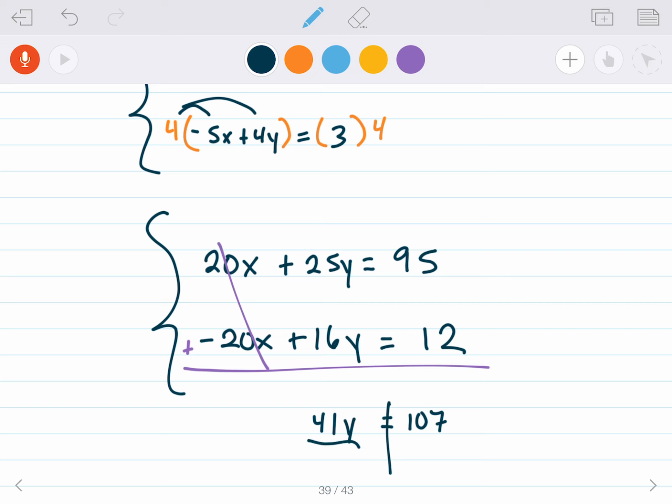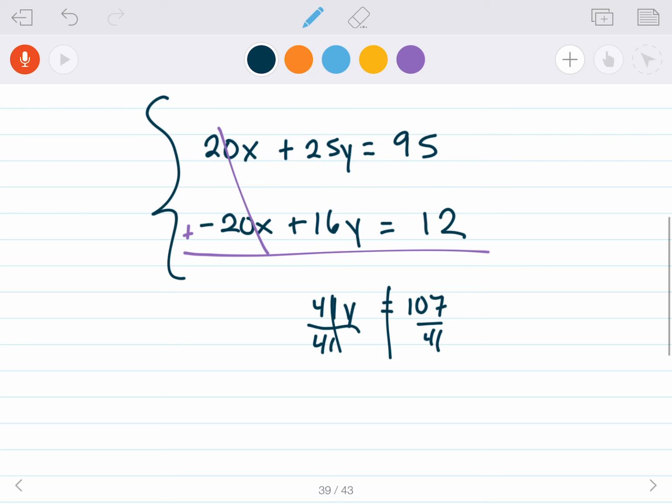Finally, I'll divide both sides by 41 to get y alone, and I get a fraction, 107 over 41. That's all I can do here.